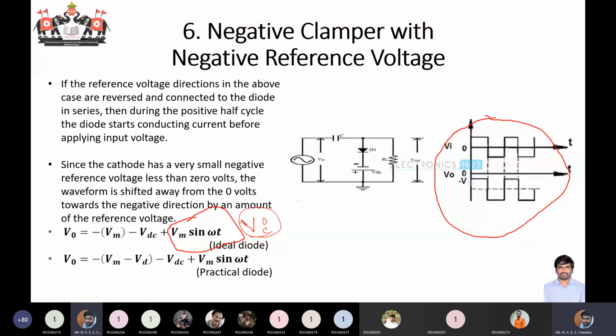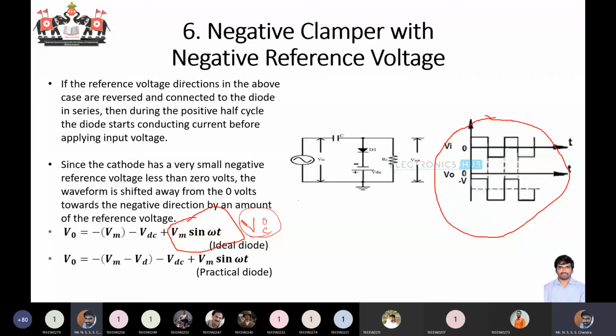The shape of the voltage waveform is not going to change. Your time periods are not going to change. Your frequency of the circuit will remain the same. The only thing is that you are adding an additional DC voltage, so either your voltage will be raised or it will be reduced. The waveform shape will not be modified, unlike in a clipper circuit. In a clipper circuit, your entire output waveform shape is different from the input voltage waveform.